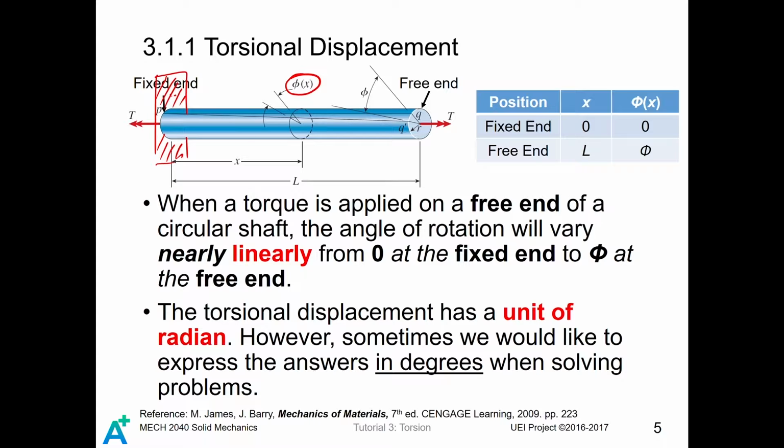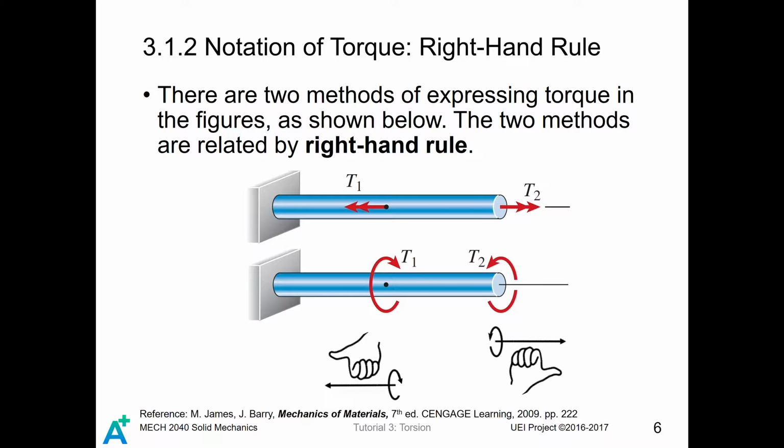Then the torsional displacement has a unit of radian. We don't say what the size of this angle is in degrees when we are doing the calculation. But after we find the angle phi in radians, we will convert the answers to degrees when solving the problems. Next, let's talk about the notation of torque.